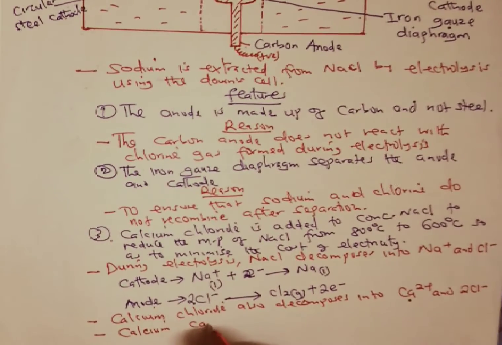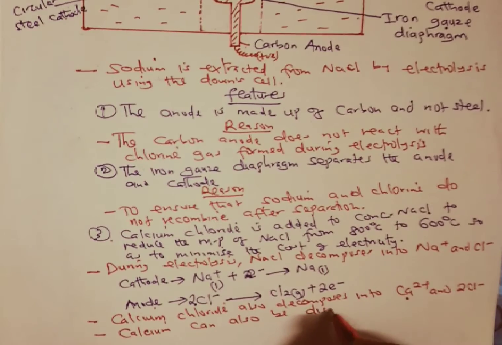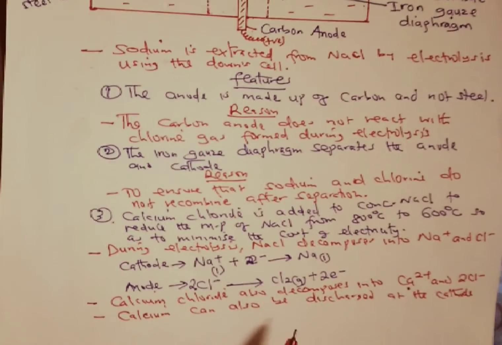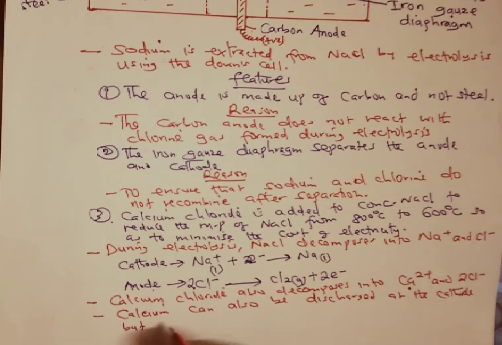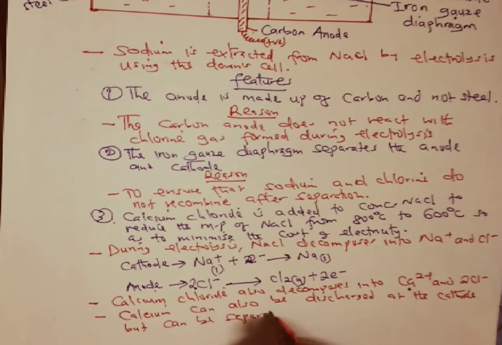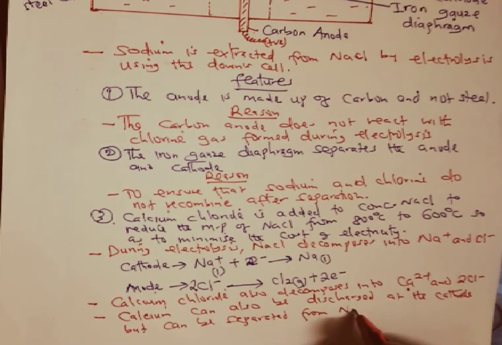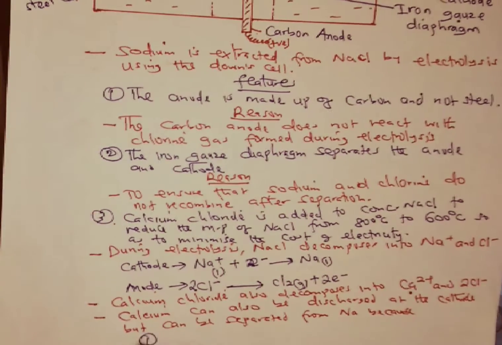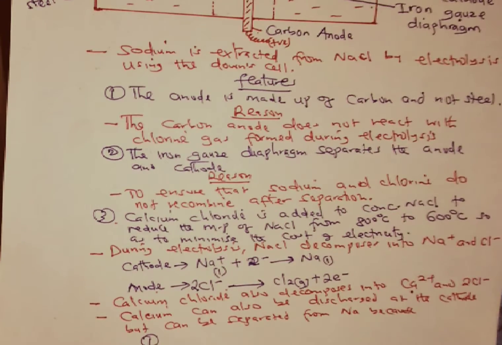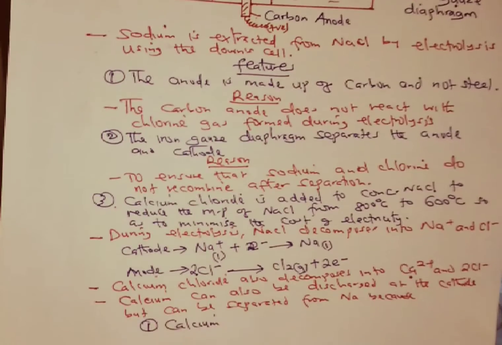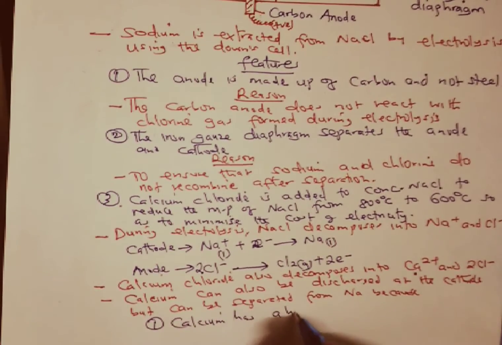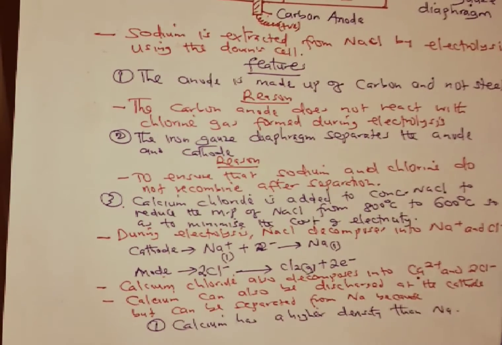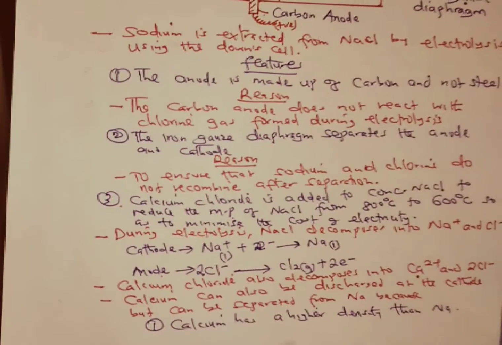Calcium can also be discharged at the cathode, but the two can be separated from sodium because, number one, calcium has a higher density than sodium, and therefore sodium floats on top of calcium and can be tapped off.